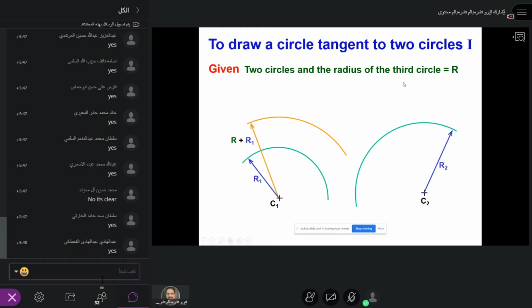The radius r is the radius of the third circle, which is given. Then take r1 plus the given radius r and make an arc here. Similarly, r2 plus r, and make another arc, which will join at this point.